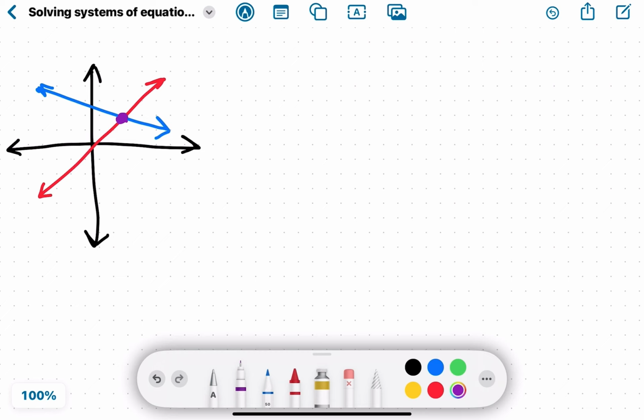So let's say the red line's equation was y equals negative 1 plus 2x. And let's say the blue line's equation was y equals negative 3x plus 7.